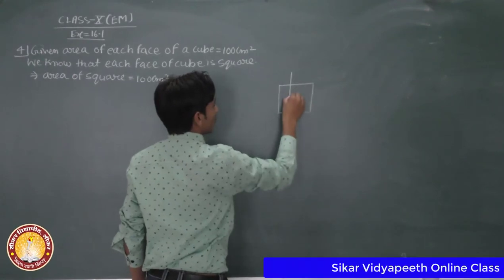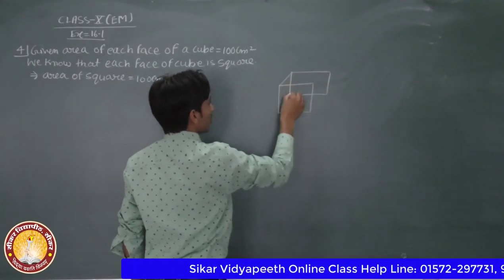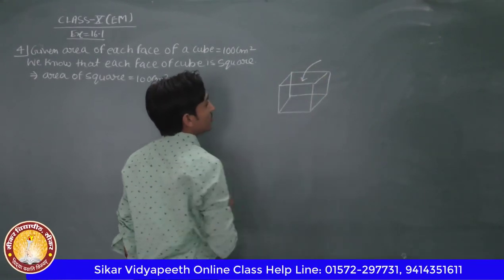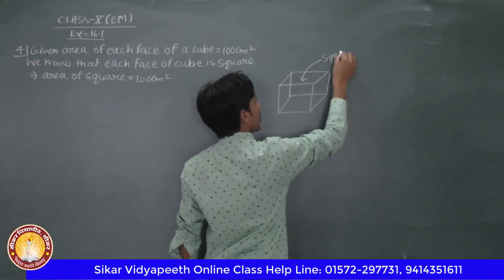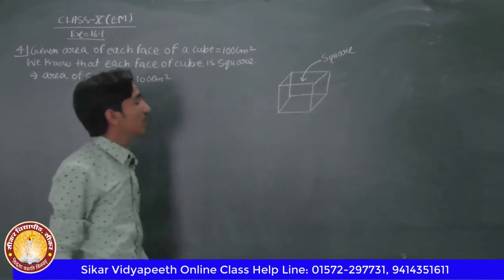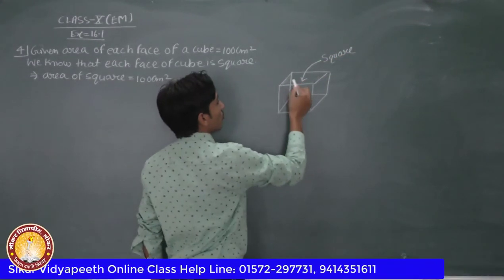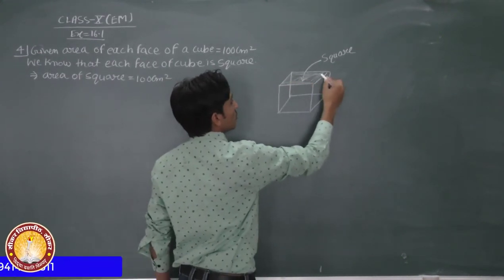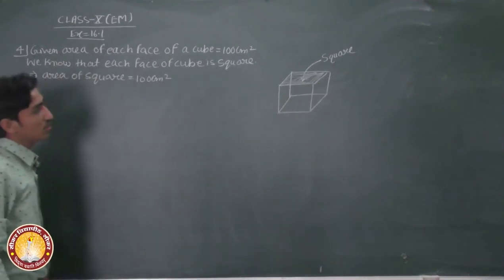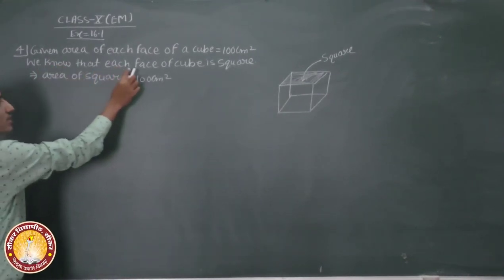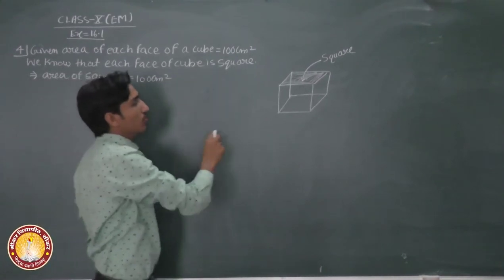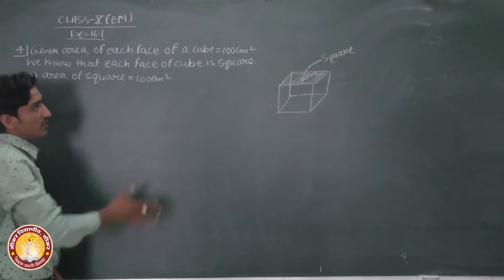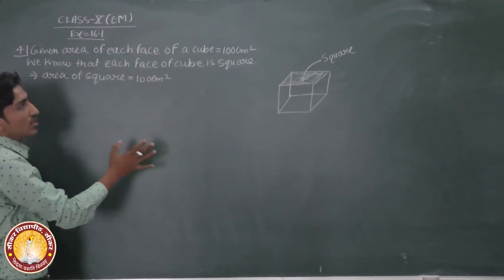Each face of a cube is a square. Like a room, we can say that this face is a square.